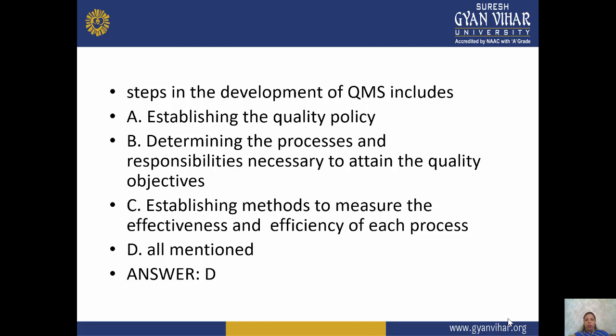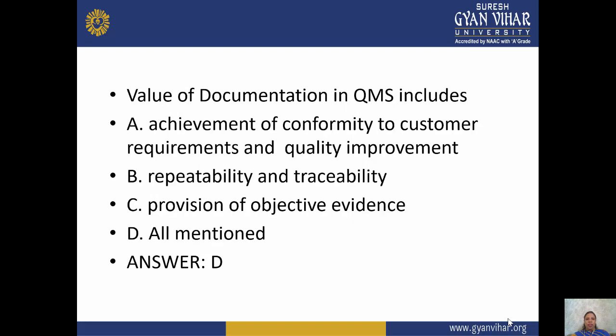D, all mentioned, is the right answer. That is, steps in the development of QMS include establishing the quality policy, determining the processes and responsibility necessary to attain the quality objectives, and establishing methods to measure the effectiveness and efficiency of each process.